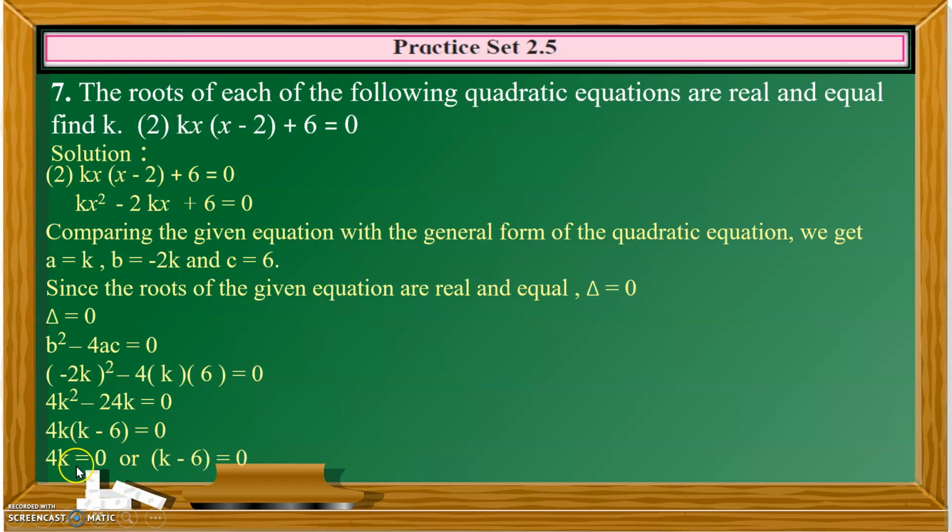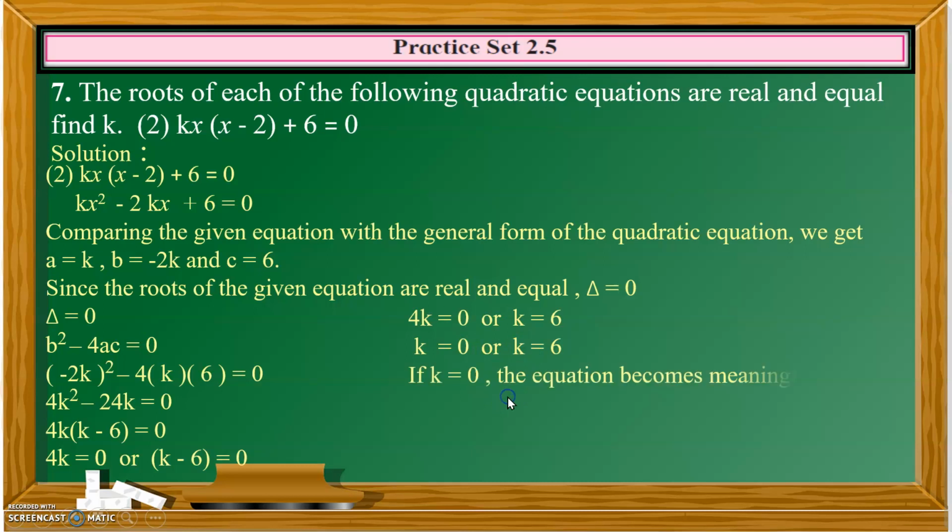So we can say that 4k is equal to 0 or k minus 6 is equal to 0. Now if we take one at a time, we know that 4k is 0 or k will be equal to 6. That means k is 0 or k is equal to 6. If k is equal to 0, then the equation becomes meaningless.